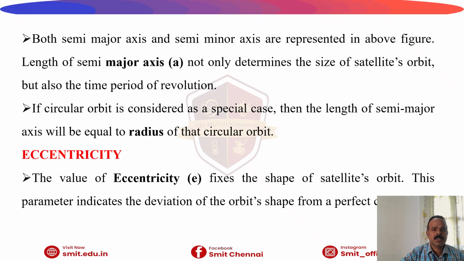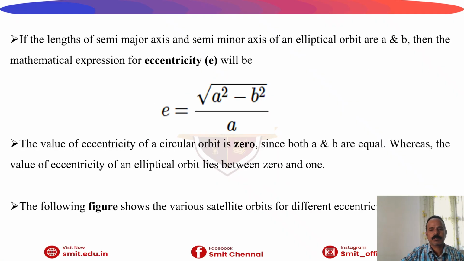The semi-major axis is represented as small a, the semi-minor axis as small b, and the eccentricity as small e, which decides the shape of the satellite orbit. This parameter indicates the deviation of the orbital shape from a perfect circular orbit.